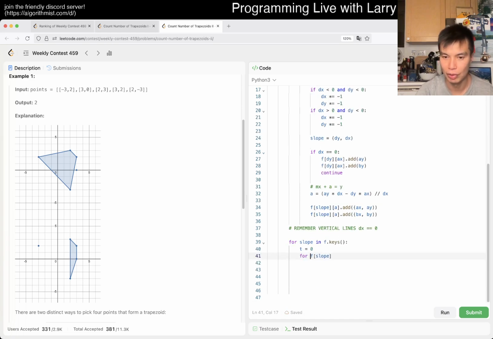So then we go for key in, so that's a unique identifier, right? And then we have f of slope of key, and then we care about only the length of this.